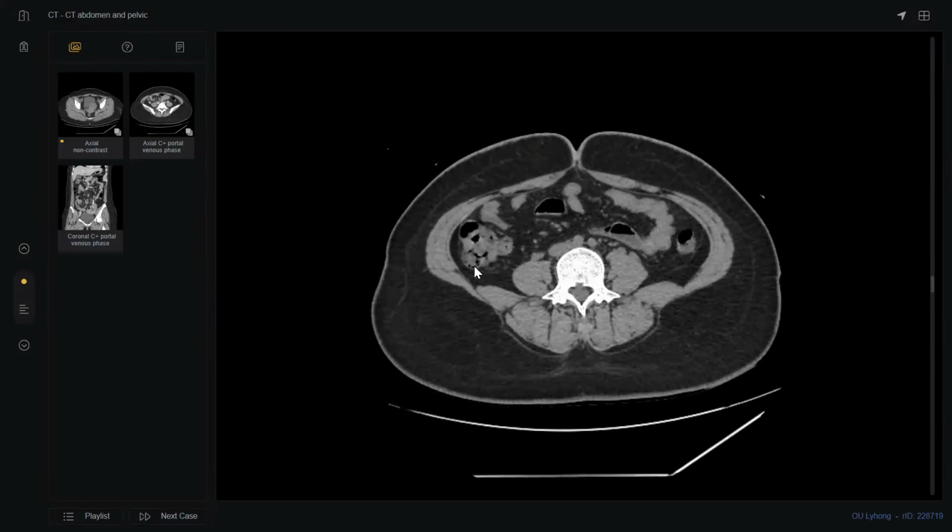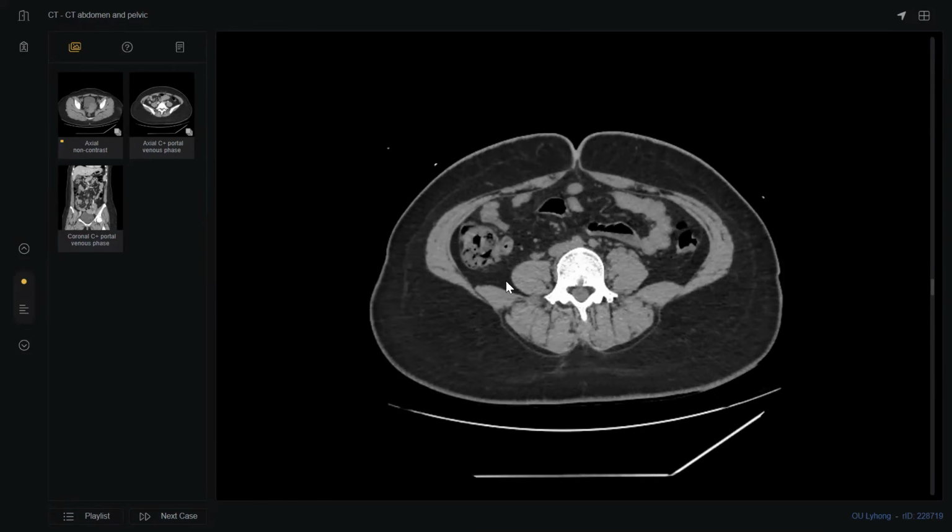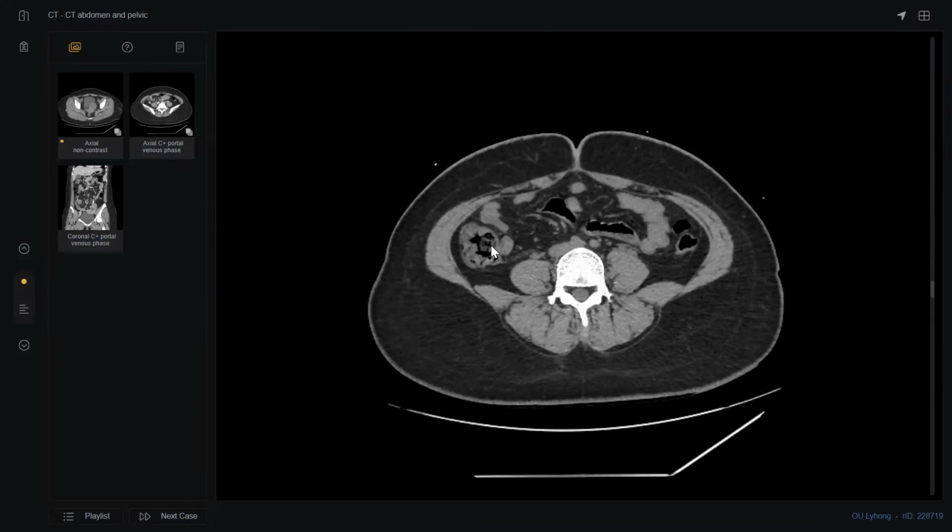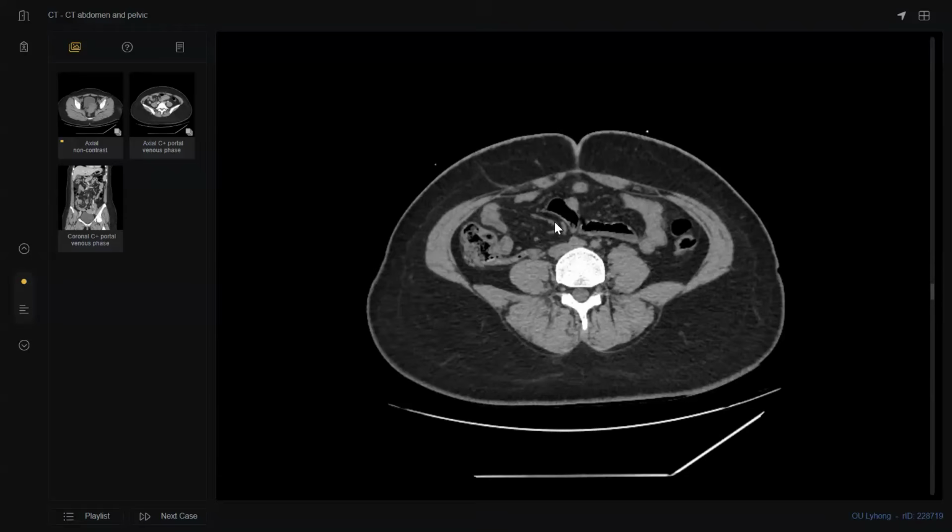First, catch the cecum. This is the cecum. And how could you know? By the ileocecal junction. And how could you know the ileocecal junction? It is projecting inside and a little bit surrounded by fat. And this is the ileum. Is it clear? I will also use the annotation because this is very important.